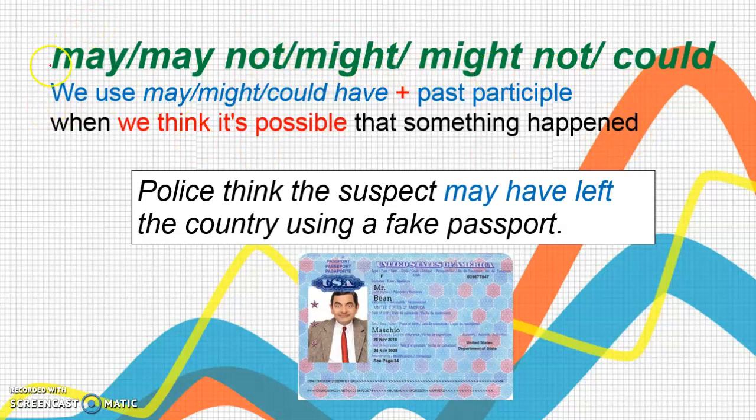We use this group of modal verbs plus past participle when we think something is possible. We are not totally certain. We just think it is possible. For example, the police think the suspect may have left the country using a fake passport.